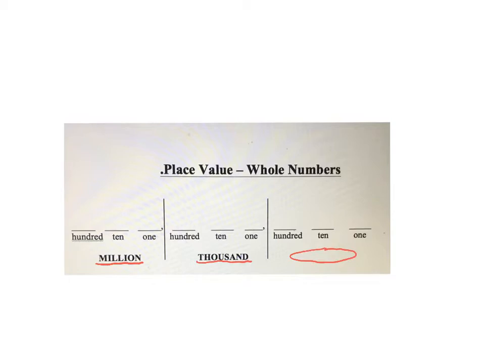So, for instance, if you are reading this particular number, 3, 4, 2, 8, notice that there's a comma after the thousands period. So you're going to say the name of that particular period or that particular group, 3,428.